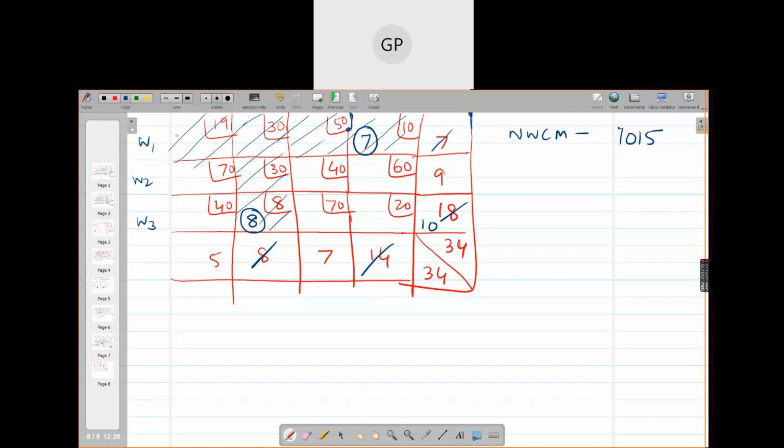The next least cost is 20. Here 7 more units are required, and the 20 corresponds to W3 and D4.